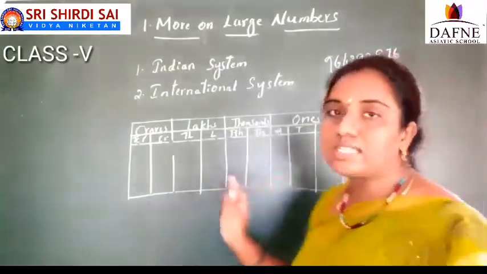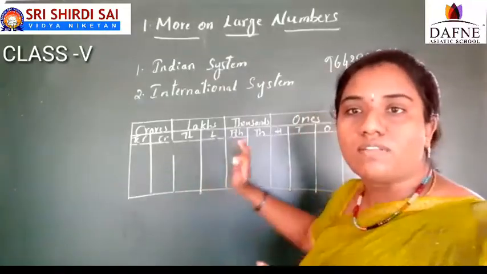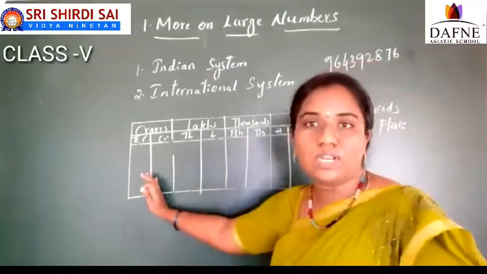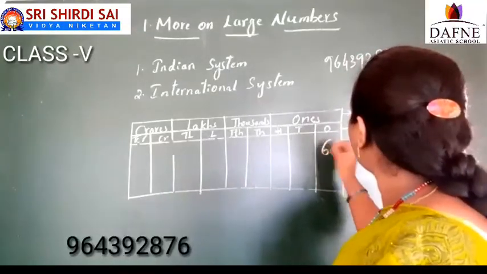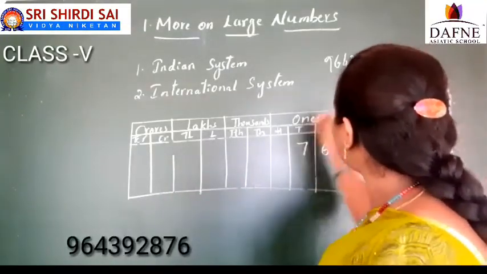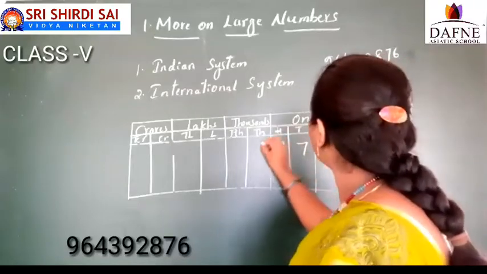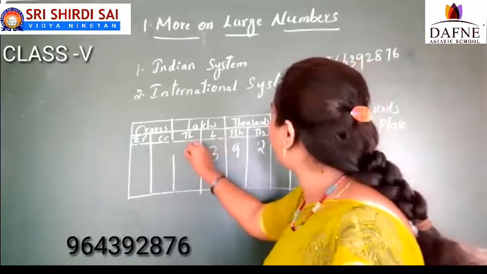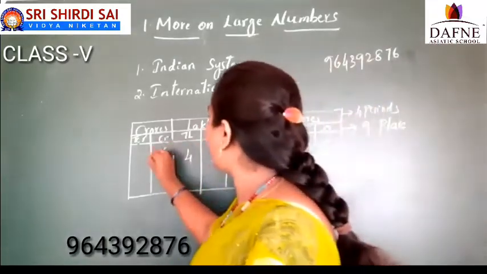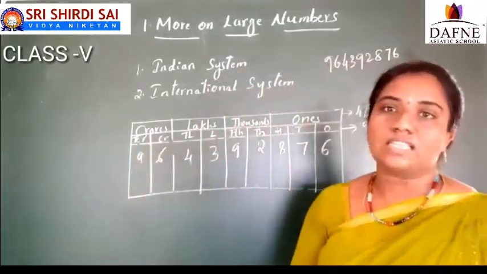Always start the place value chart from right to left. The last number on the right is 6, next 7, next 8, next 2, next 9, and 3, 4, 6 and 9. So we have written the numbers here.